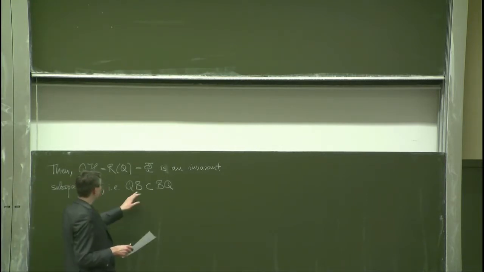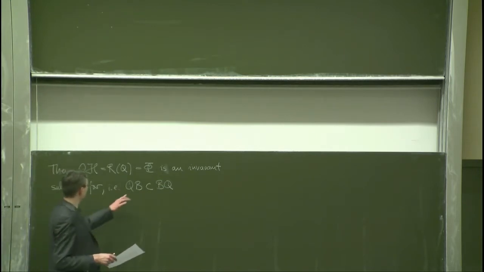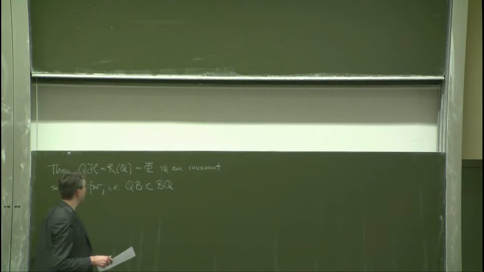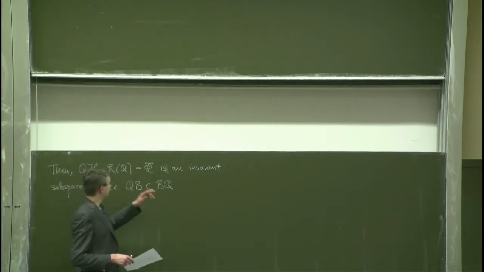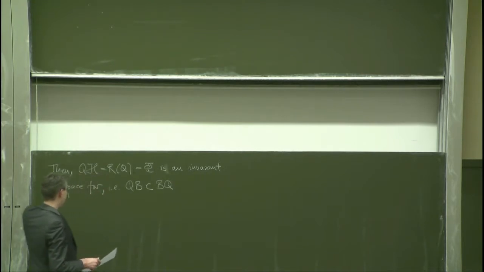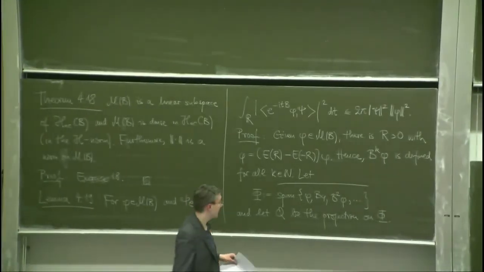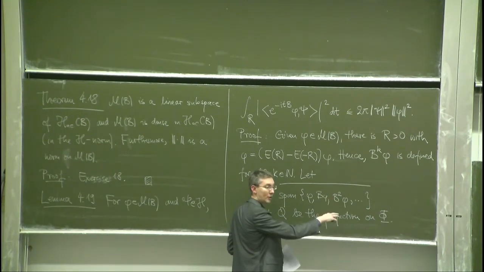If you apply B to some element of the Hilbert space and then use the projection Q, you will finally end in the space phi, because Q projects onto the space phi. If you consider the definition of the space phi, it consists of phi, B phi, B to the power of 2 phi, and so on.